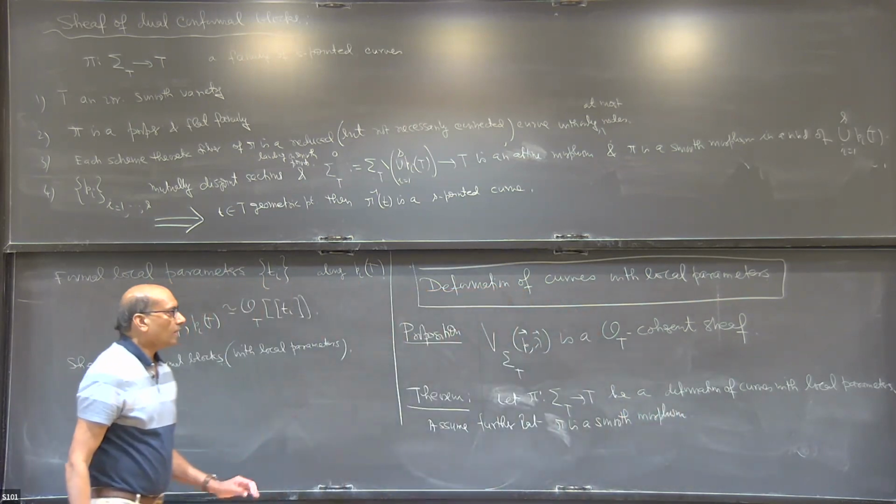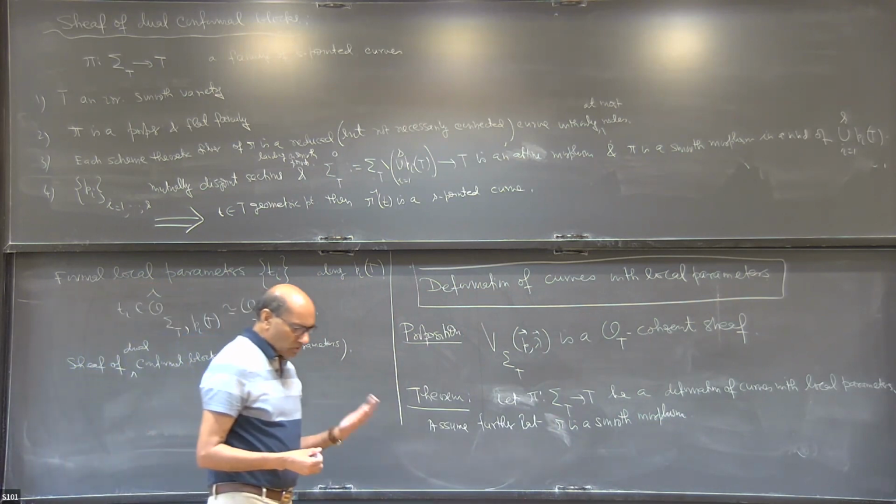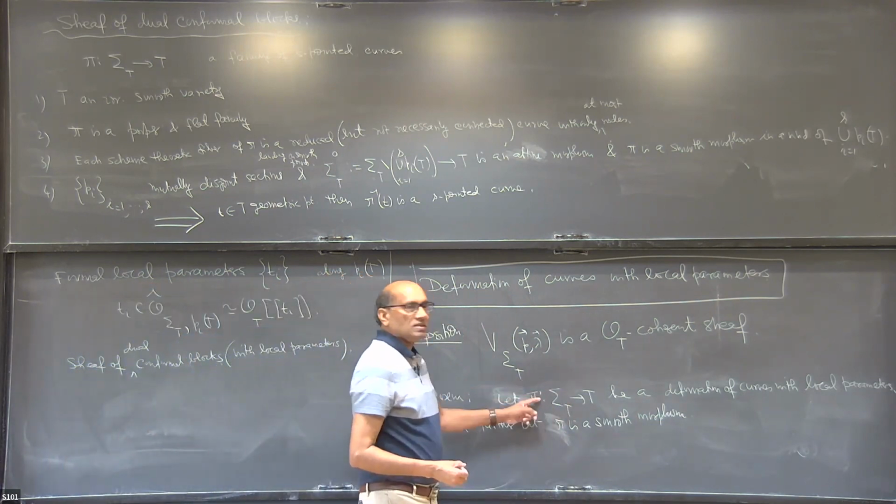So in particular, sigma T is smooth and all the fibers are smooth.